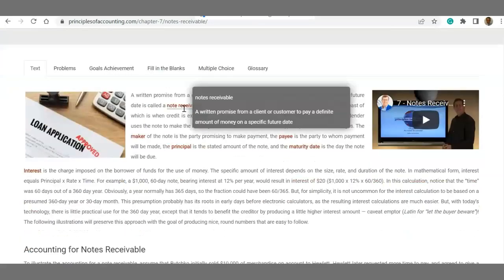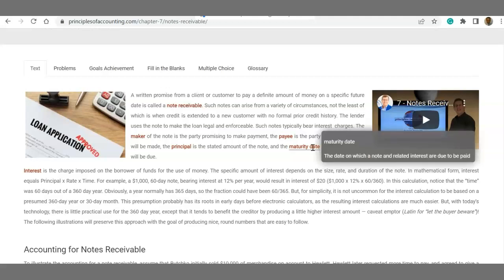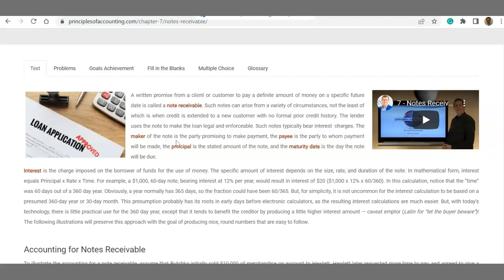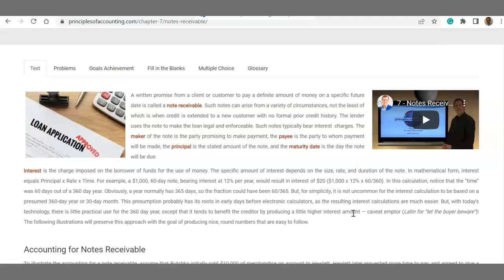Okay, you have also note receivable, which is a written promissory note. Your client is signing it and promising to pay your money back, including interest. It has a maturity date, and it shows what the principal of the note is and what the interest on the note is.